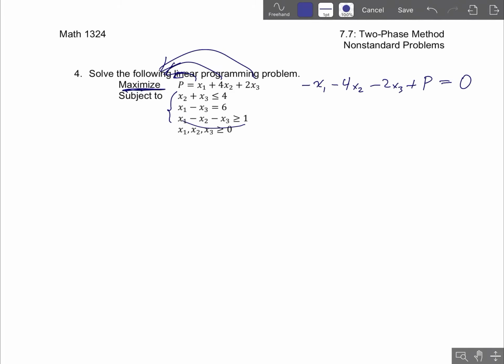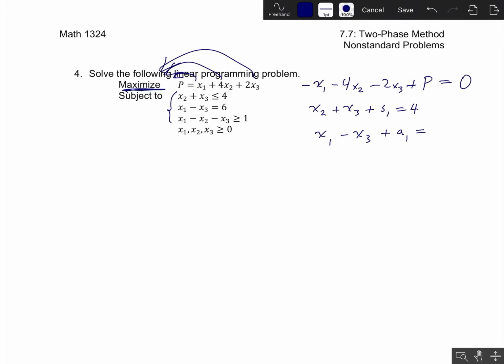And then we also need to write the correct equations for our constraints. For our first constraint, I have x2 plus x3 plus my first slack variable is equal to 4. That's an ordinary constraint, so we'll just need to add a slack variable like we have been doing. Our second constraint is a little bit weird, so this one is x1 minus x3. This one is an equality constraint, and therefore we need to add an artificial variable.